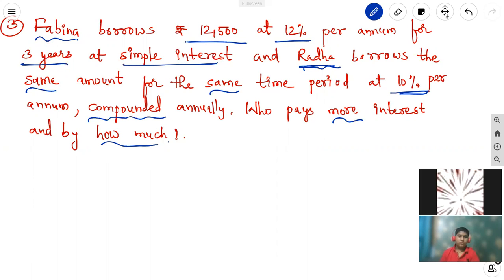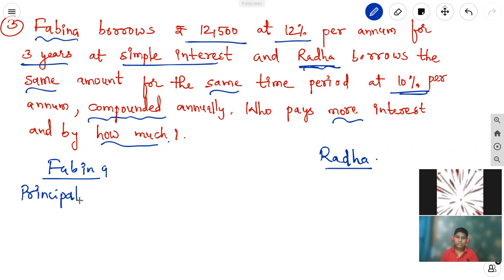First, we take two persons, one is Fabina and another one is Radha. Both are taking the same amount and the same time period. The principal amount P is equal to 12,500.